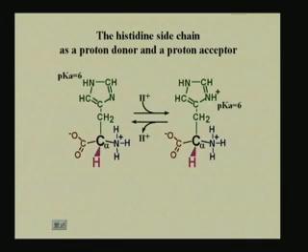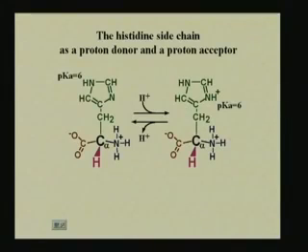Now, if you look at the physiological pH, that is the pH of blood, at which all the enzymatic reactions in our body are taking place, it is 7.4.